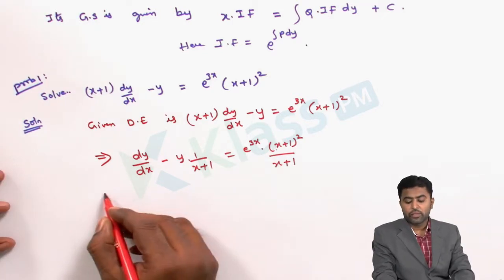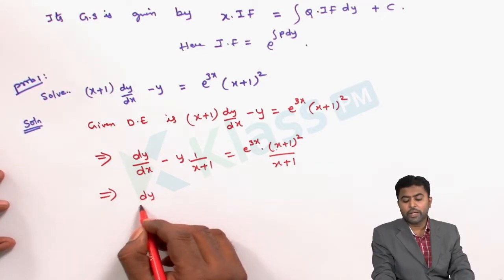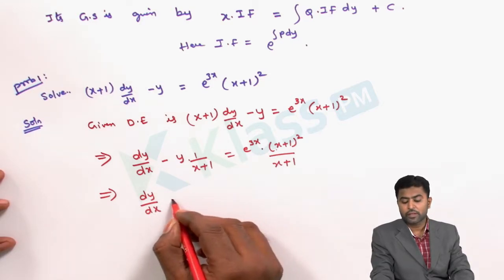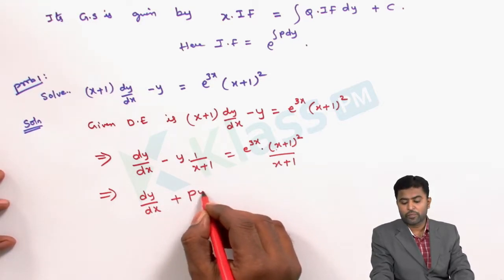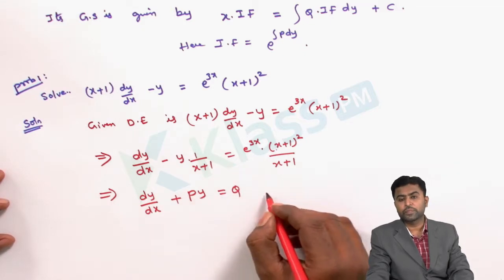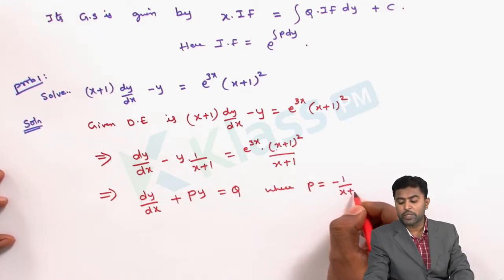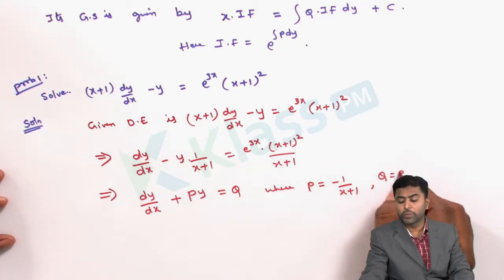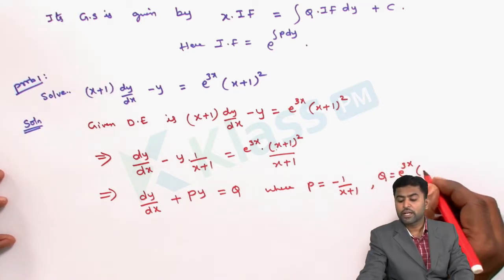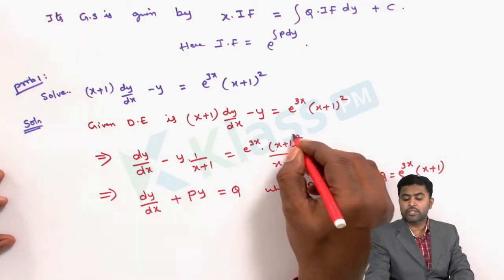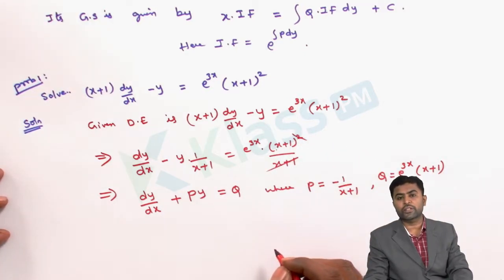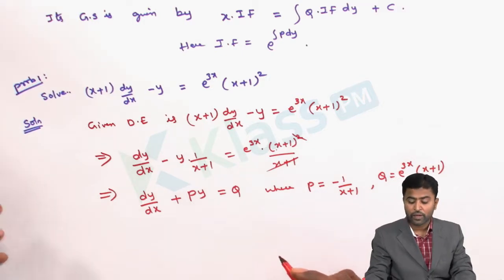Now this is of the form dy by dx plus py equal to q, where p is equal to minus 1 by x plus 1 and q is equal to e power 3x into x plus 1. After this cancellation, we get q of x as e power 3x into x plus 1.